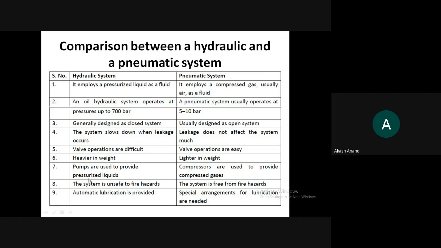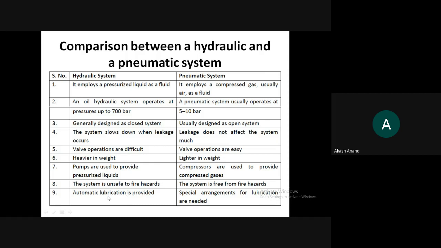There is a chance of catching fire and even blasting. In the case of a pneumatic system, there is no chance of fire hazards.